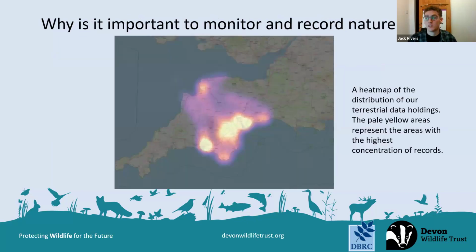So why is it important to monitor and record nature? We all know that nature and wildlife is incredibly important and that it's vital we try to conserve it. However, how do we know where to start if we don't actually know what's there? And that's where recording comes in. By making records on species and habitats, we can keep an eye on them.